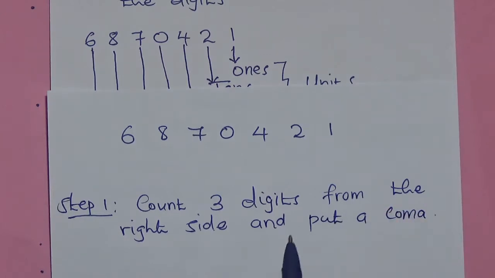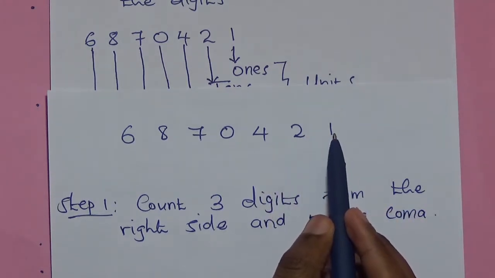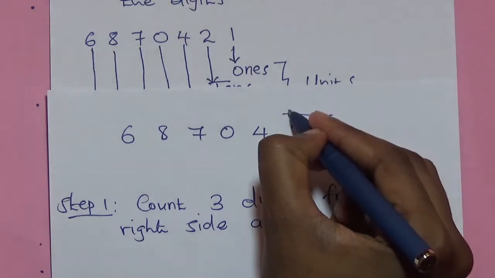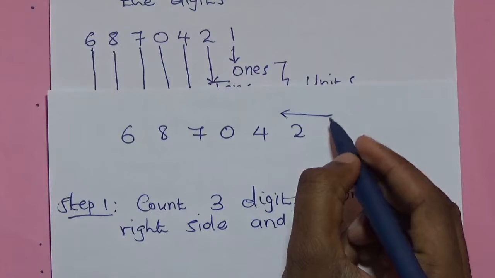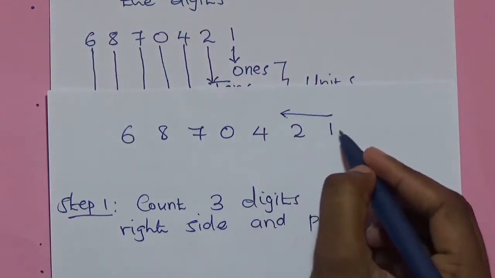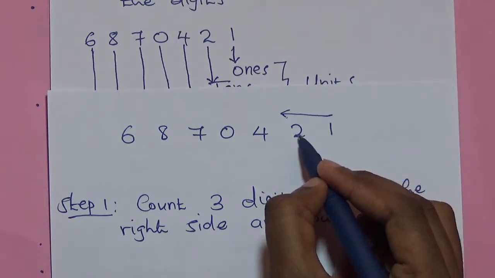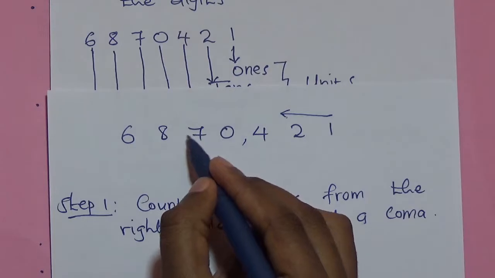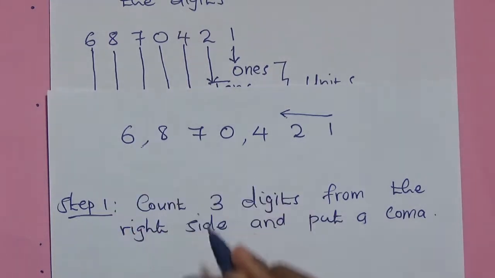I mean you count 3 digits starting on this side, starting on the right side, going to the left side. Now, let us do that. 1, 2, and a 3, we put a comma. And then 1, 2, and a 3, we put another comma.